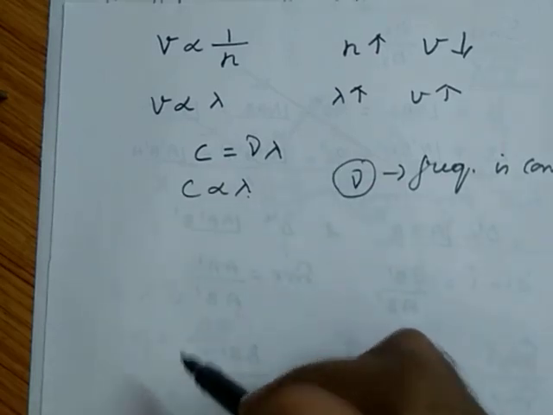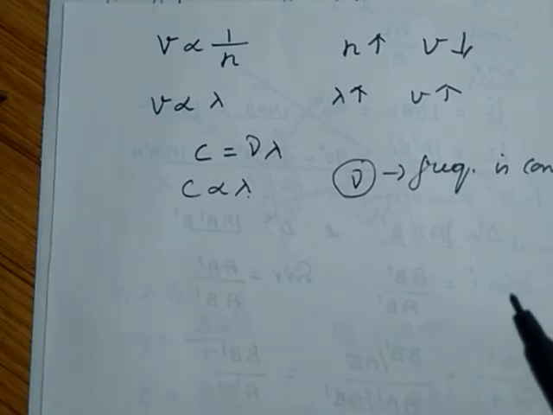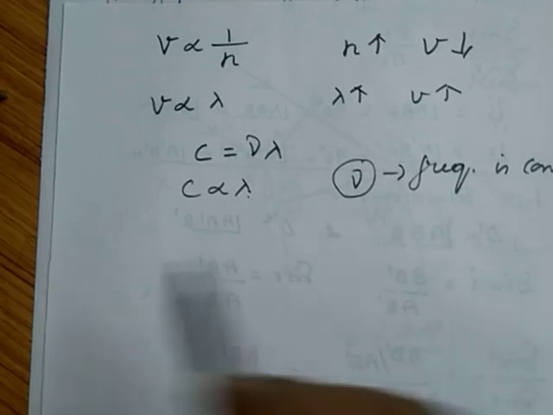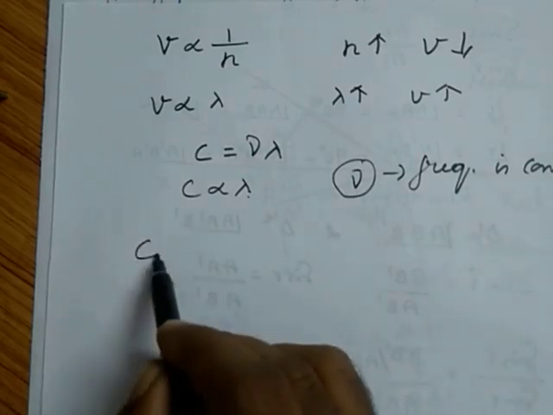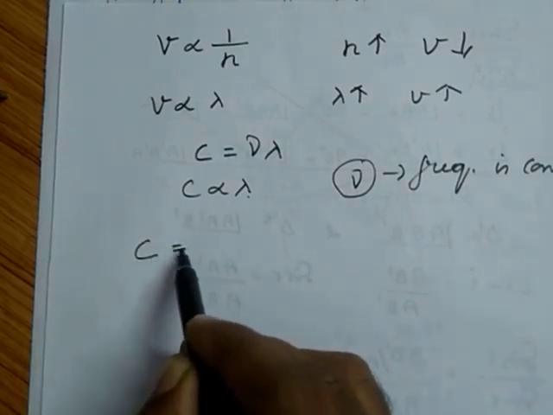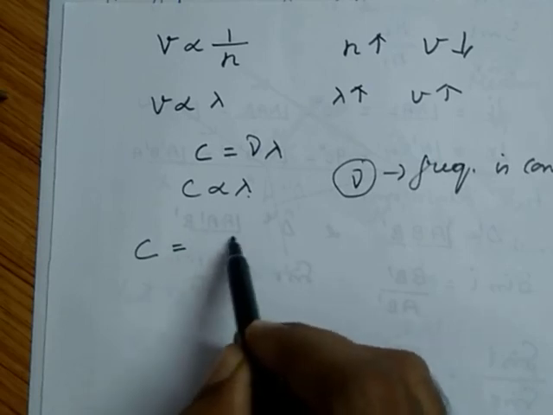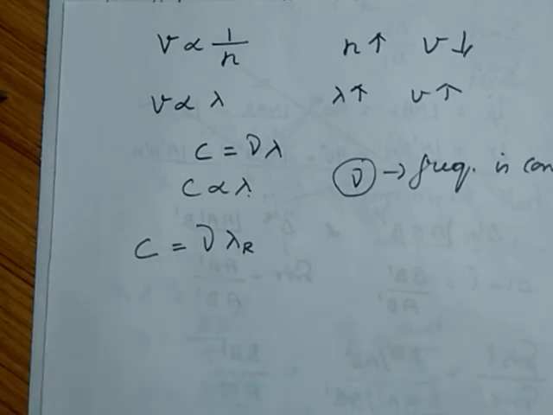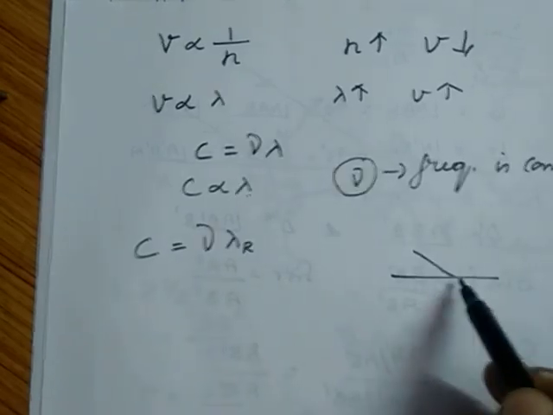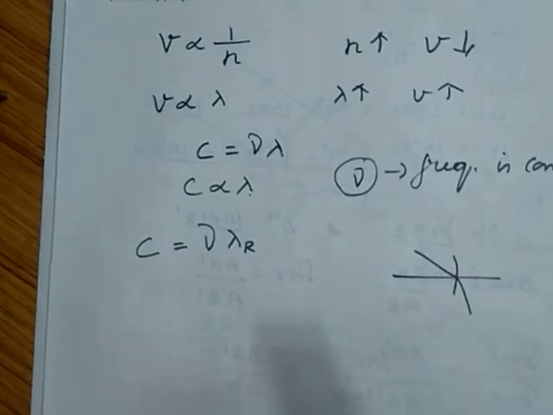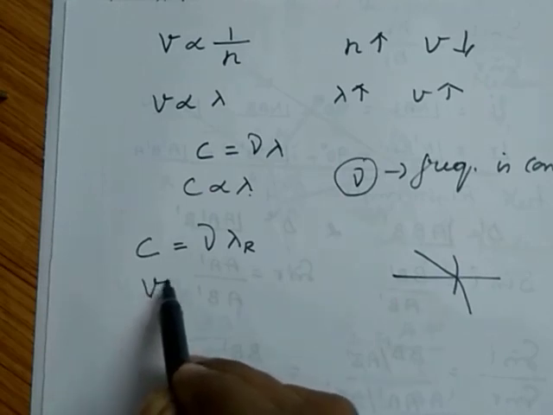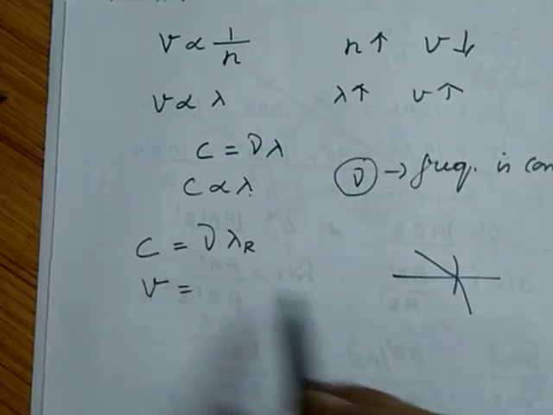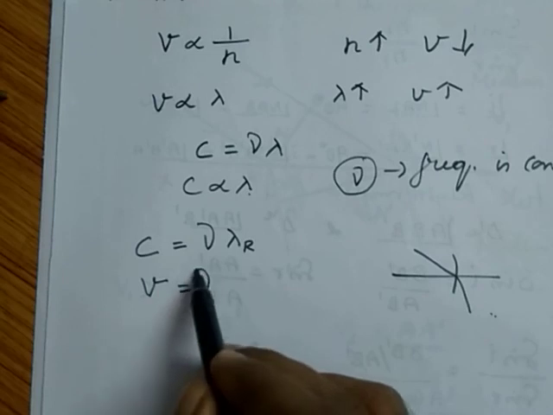We know very well, if light travels from a rarer to a denser medium, in the rarer medium it has velocity c, wavelength lambda r, and frequency nu. After refraction takes place, the velocity becomes v, and the frequency in that medium will be nu only.